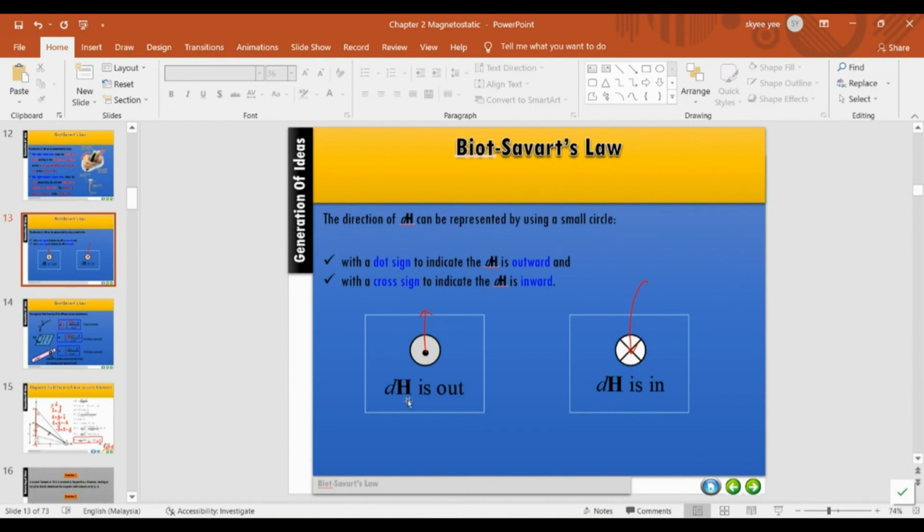When the symbol is a dot, it shows that the magnetic field is coming out from the page. Imagine you have a page, a planar surface. If the magnetic field is coming out, from bottom towards up, then it will be a dot. But when it is going in the surface, going in the page, then it will be a cross.